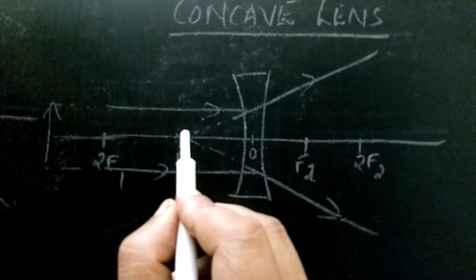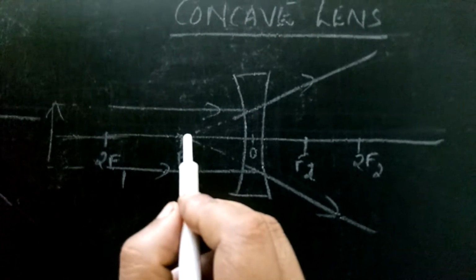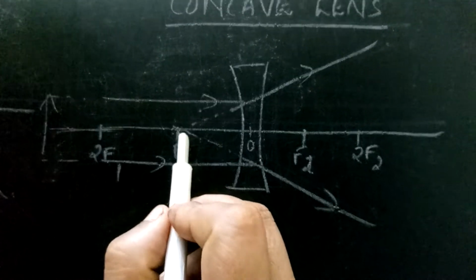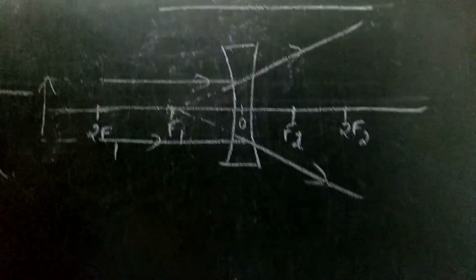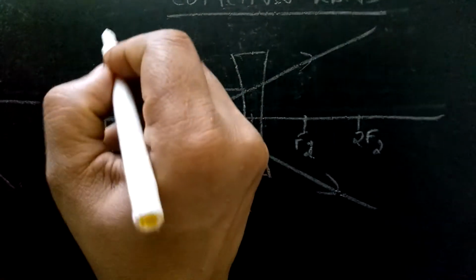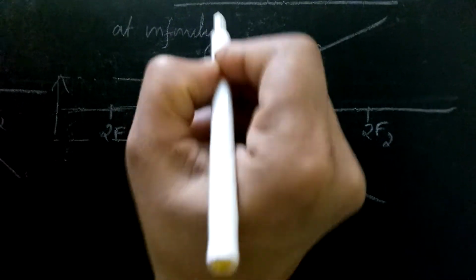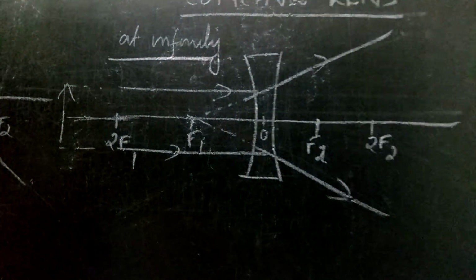So the image will be formed at the focus. It will be virtual, erect and diminished. And next, here this is at infinity.